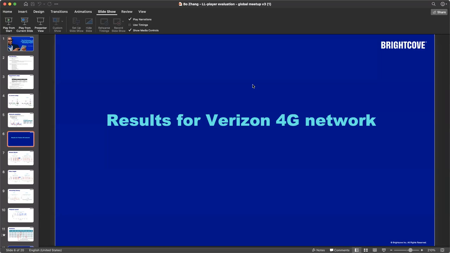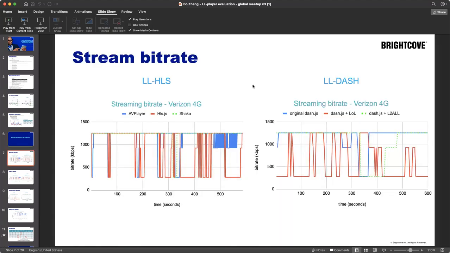And next, we're going to show the results when using the Verizon 4G LTE network. We first look at the stream bitrate. For HLS, AV Player is the best player, and Shaka Player is also good.